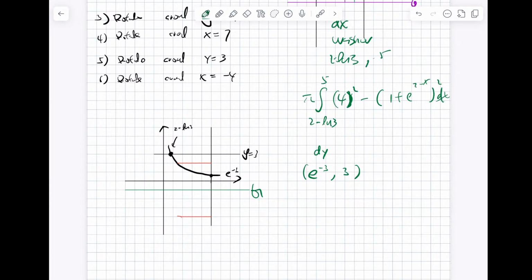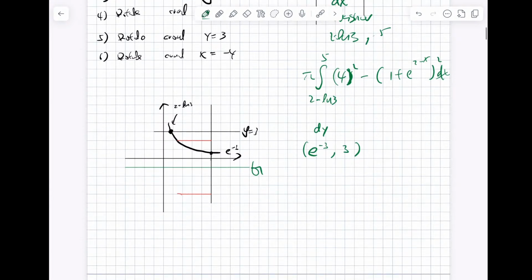Now the problem is with the shell: integration from a to b of 2 pi r and h. In this case it's going to be dy, so it has to be everything in terms of y, right? What will be the r? R is the distance from here to here.